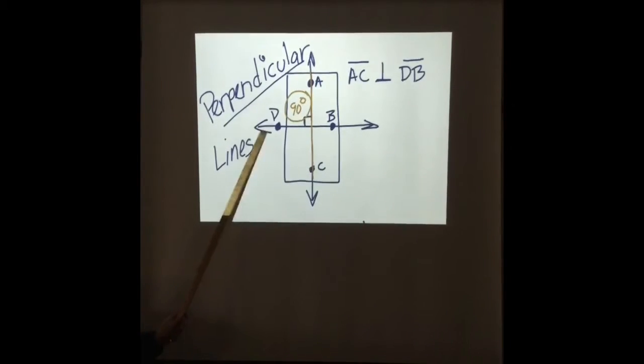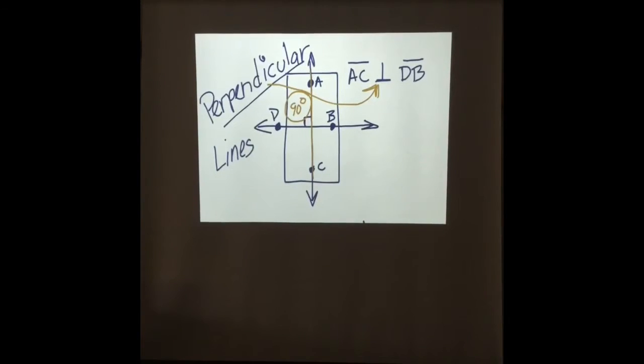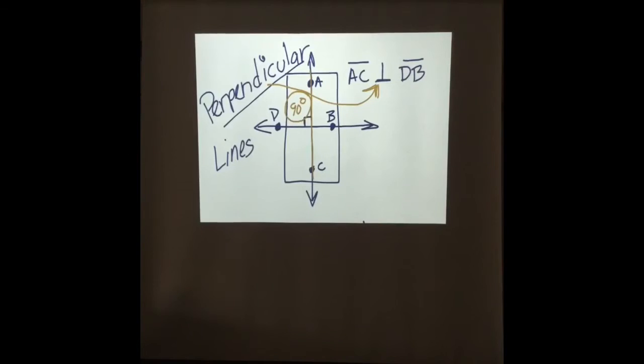Okay? And so we're going to use the word perpendicular when we see this symbol. That means perpendicular. So what we would say is, line AC is perpendicular to line DB. Do you see?